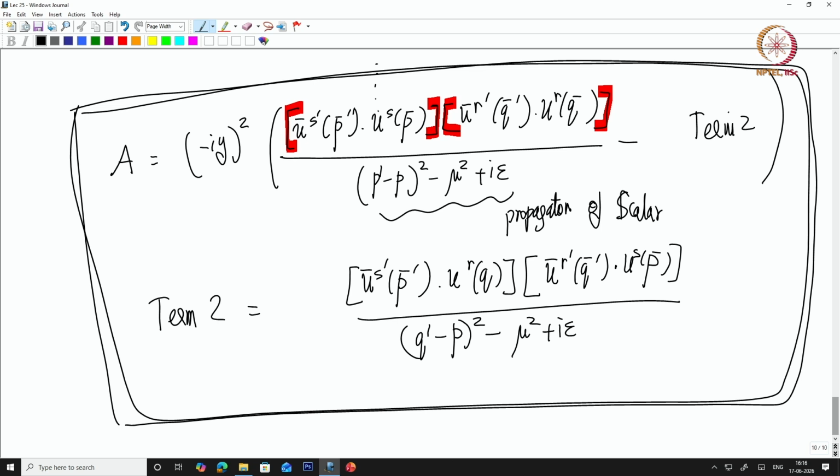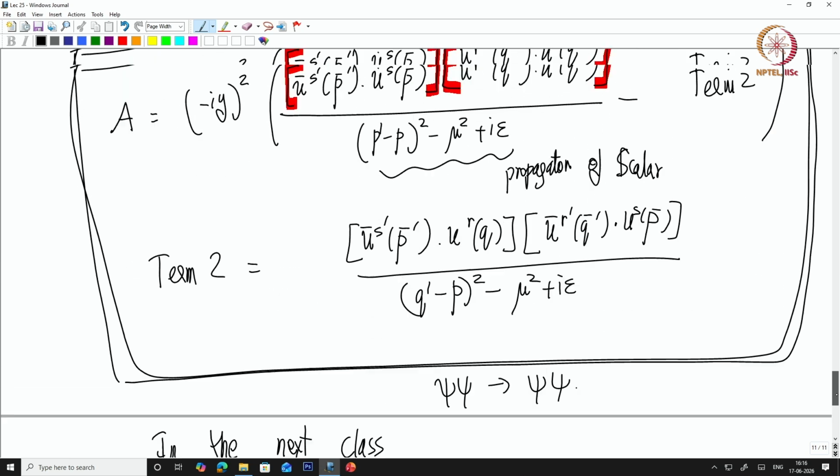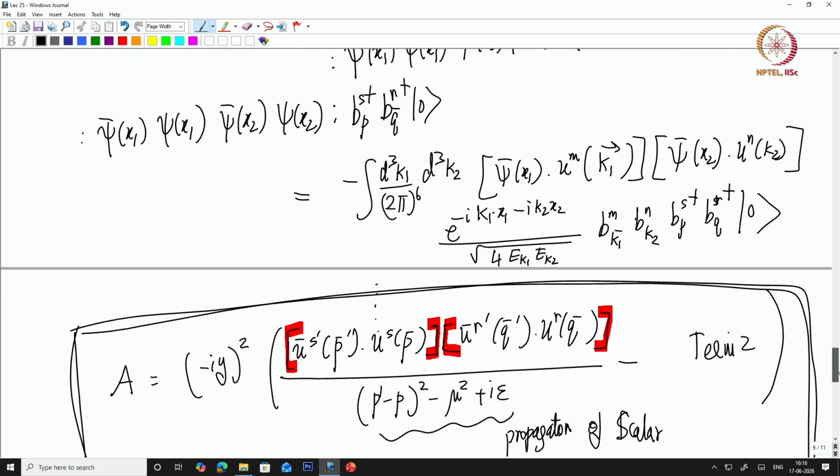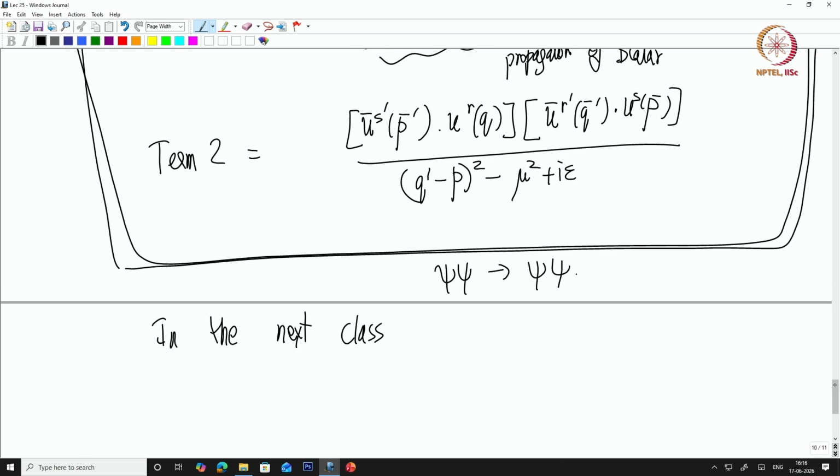This is the amplitude we got for psi psi to psi psi scattering. I have not fully done the derivation, but you can guess it will be complicated doing this in the Dyson series way, but you can still get the answer.